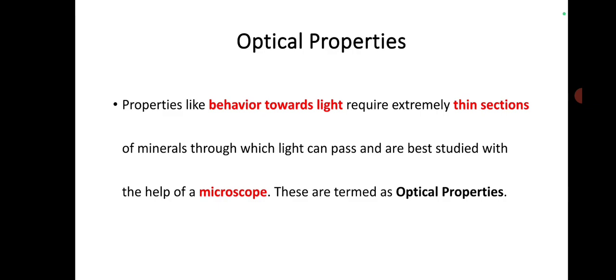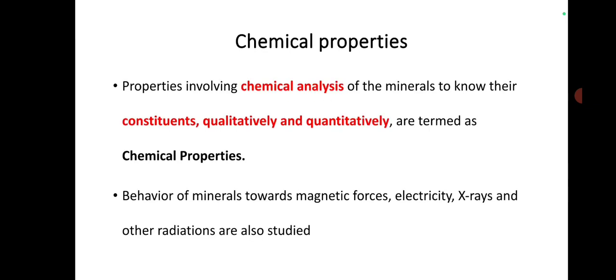That property we call an optical property. For chemical properties, we do chemical analysis of the minerals to know the constituents qualitatively and quantitatively. We also have magnetic properties, electric properties, and X-ray behavior, that is, how the mineral behaves when X-rays and other radiations are passed through it.